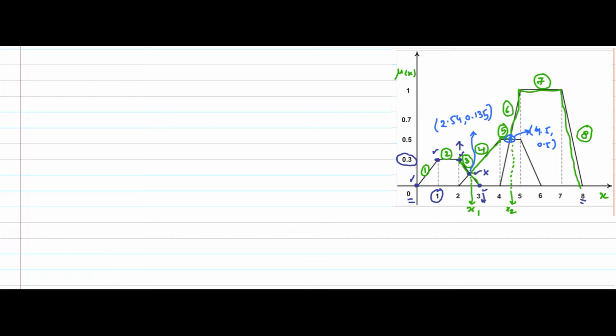In this video we will discuss how exactly the centroid method is applicable. We have already found all the 8 equations. Now we need to apply the centroid method. The formula is x star, which is the defuzzified value. Obviously this value is between 0 and 8 only, because all our values are within this.